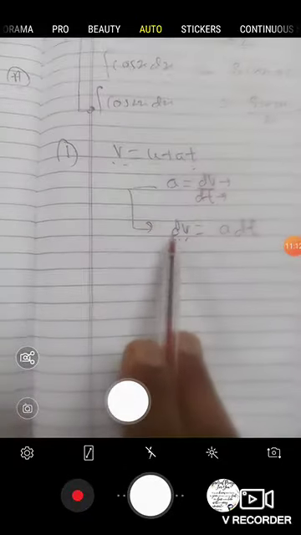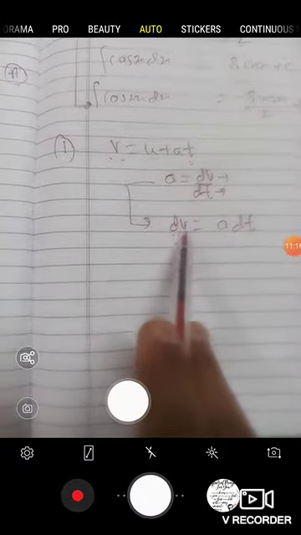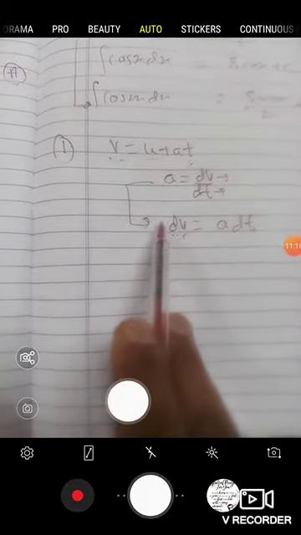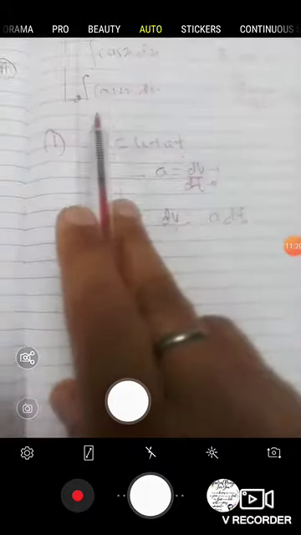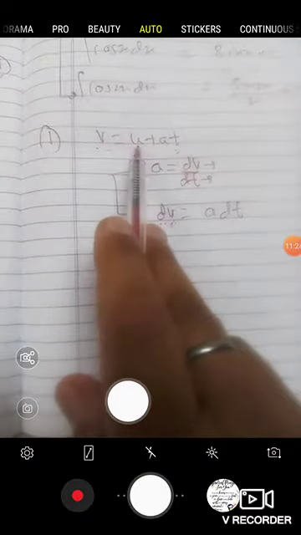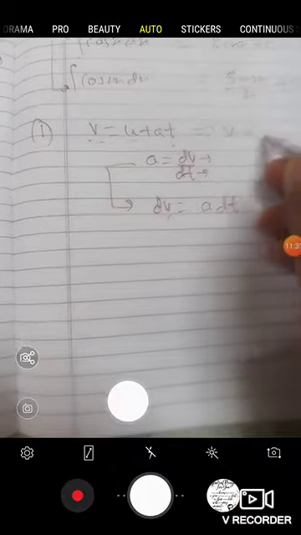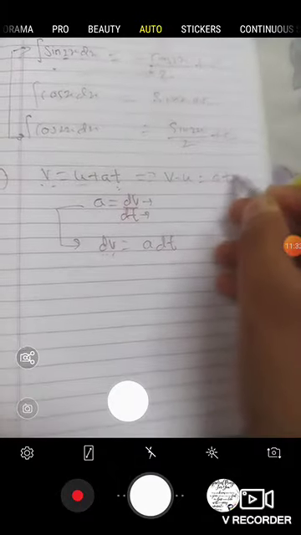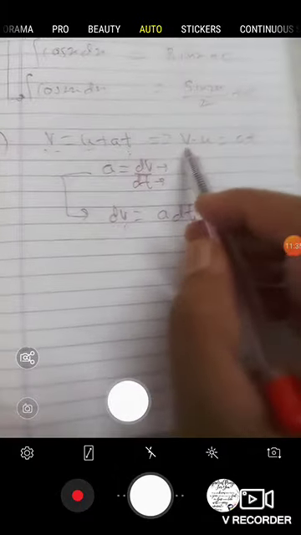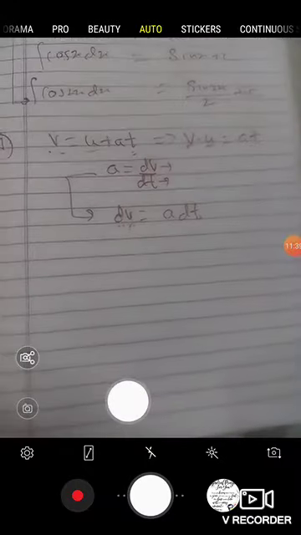After integrating this dv, I will get v, a velocity. But how many velocities do I want? Final and initial. Now to simplify it more, I can write this as v minus u is equal to at. It means my final velocity is positive and initial velocity is negative.